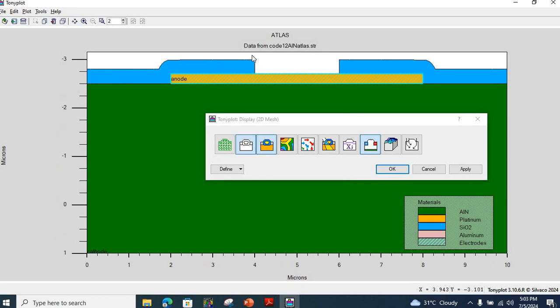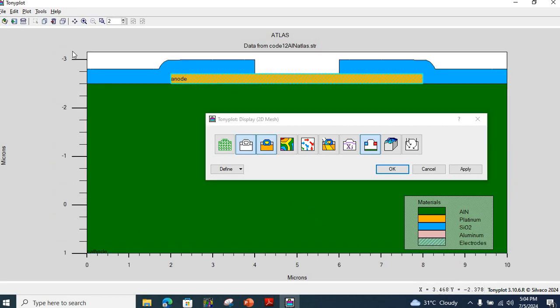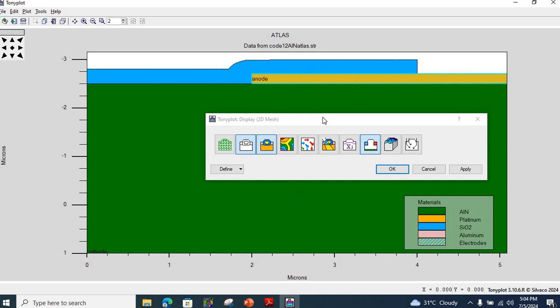And I etched it to the right of 4 micrometers. So initially this is my structure running from 0 to 5 micrometers, and I etched the oxide layer to the right of 4 micrometers.